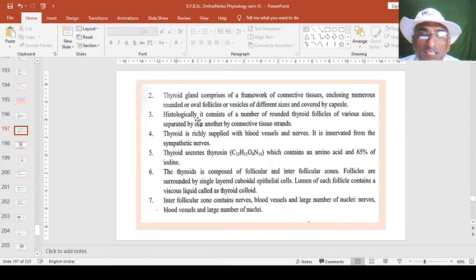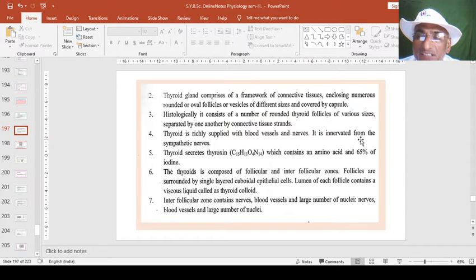Histologically, thyroid gland consists of a number of rounded thyroid follicles of various sizes, and they are separated by one another by connective tissue strands. This thyroid is richly supplied with blood vessels and nerves for nutrition and sensory communication with brain.